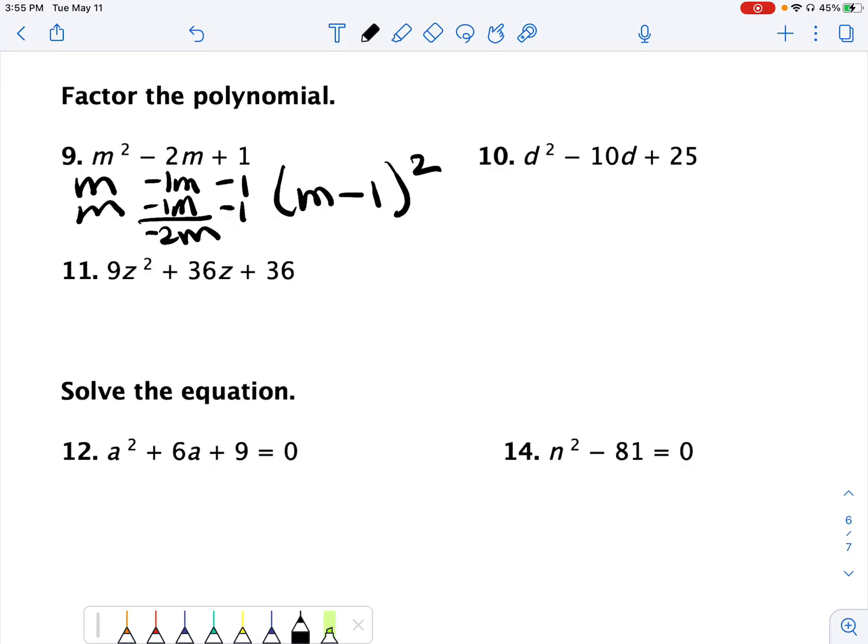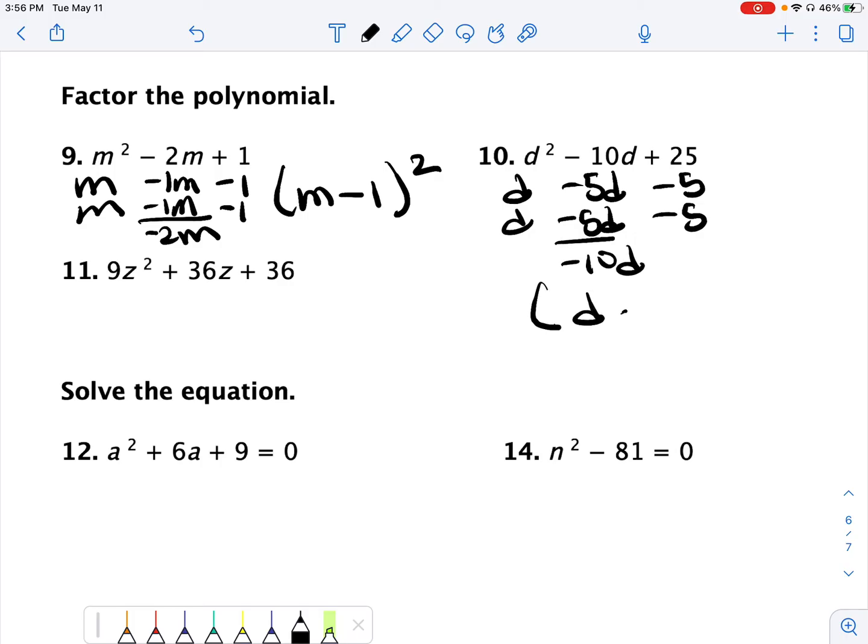Okay, number 10. d times d, negative 5 times negative 5 because of my signs, negative 5d, I get negative 10d. So this is d minus 5 quantity squared. Again, those two you could do the normal diamond method.